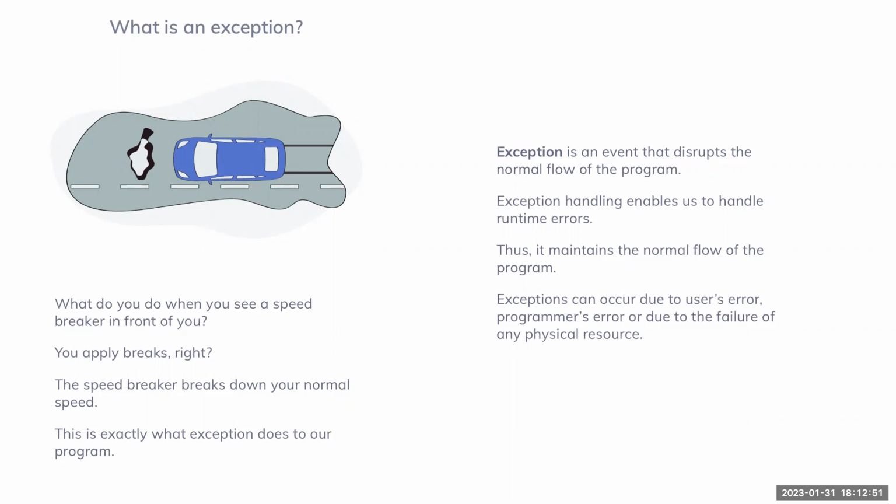It brings the complete process of our program to a stop somewhere. It stops the entire flow of the program. But if we handle these exceptions properly, we can still continue the normal flow of the program.